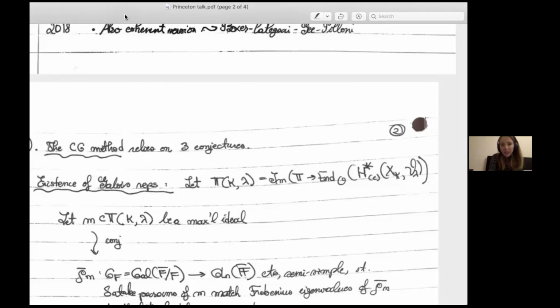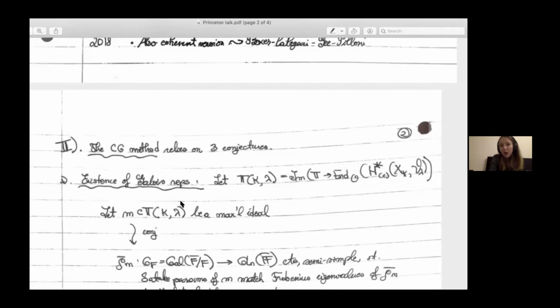So I want to take a maximal ideal of this faithful quotient. This amounts to saying I want to pick out a mod P system of Hecke eigenvalues that occurs in one of these cohomology groups.